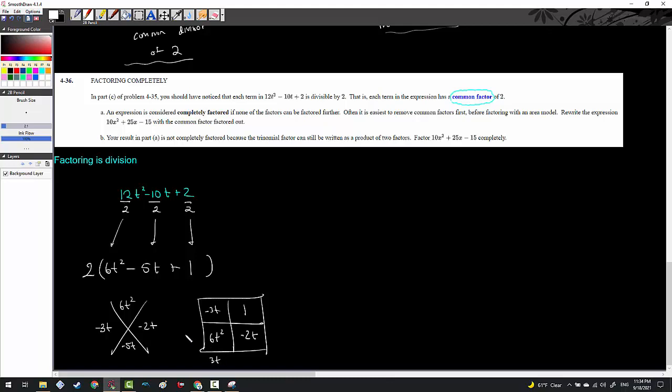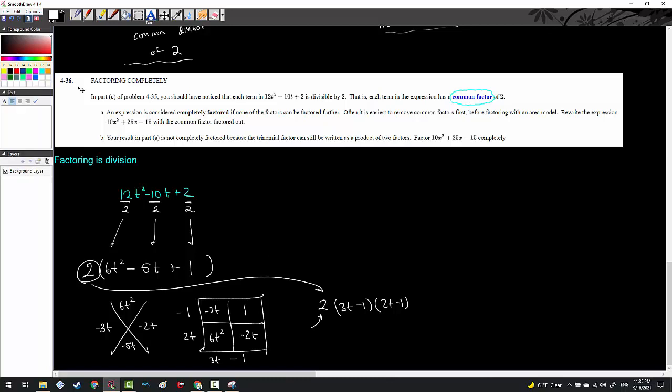So I'll go and throw out my 3t and my 2t here. Looks like minus 1, minus 1. And so what I have now is 3t minus 1 times 2t minus 1, but I can't forget this 2 that came along. This is what's known as my GCF.